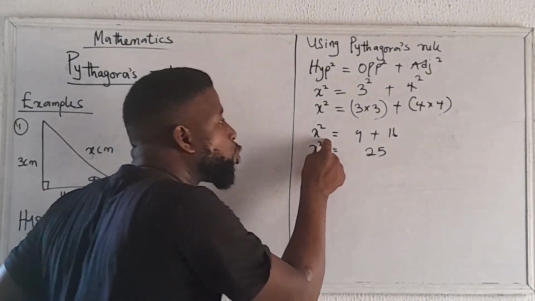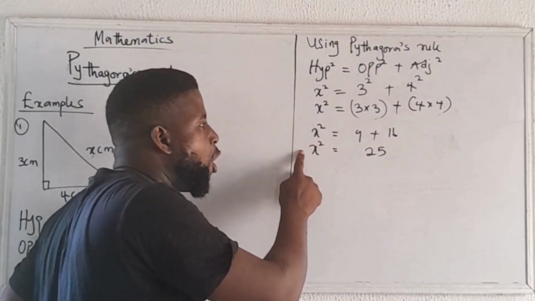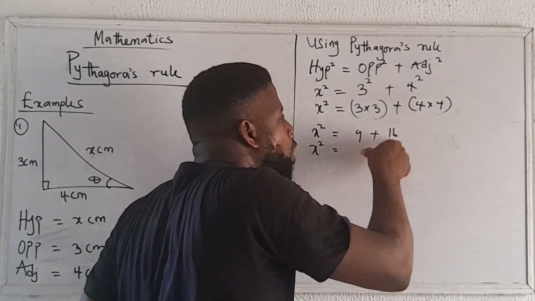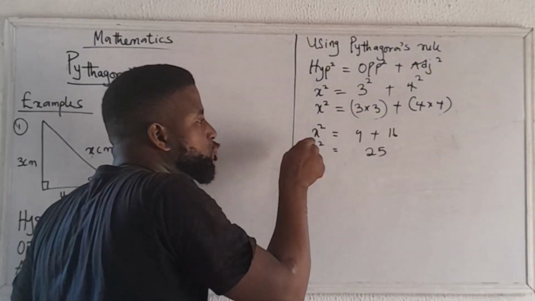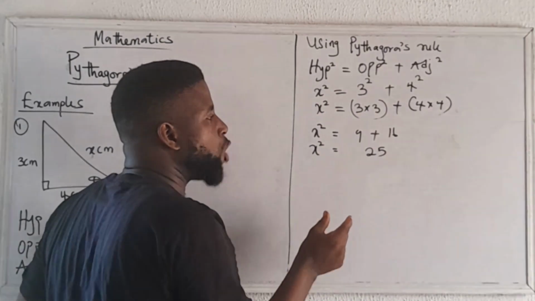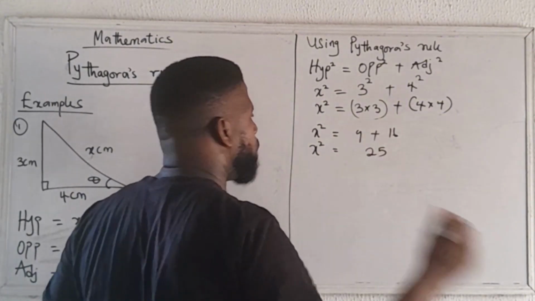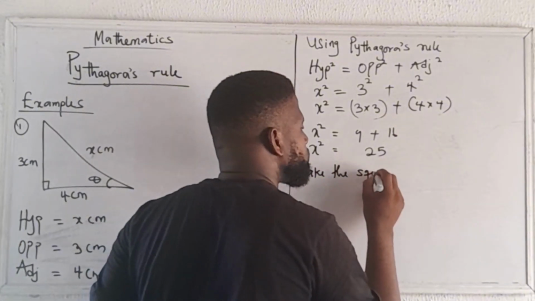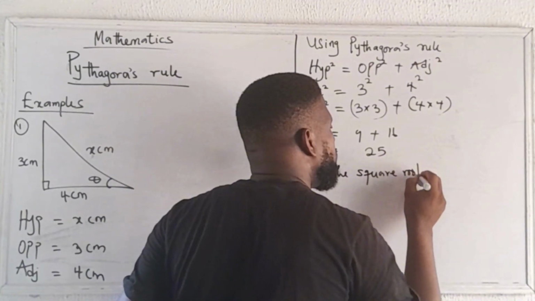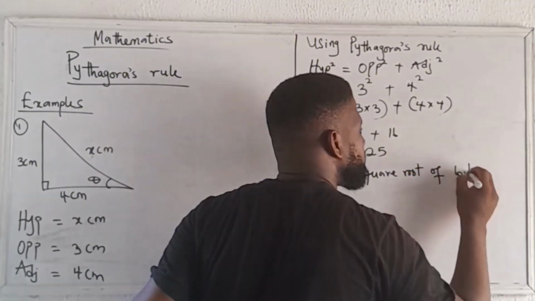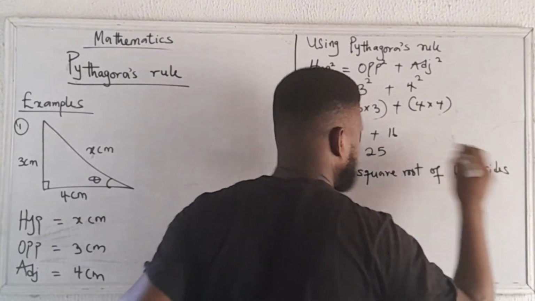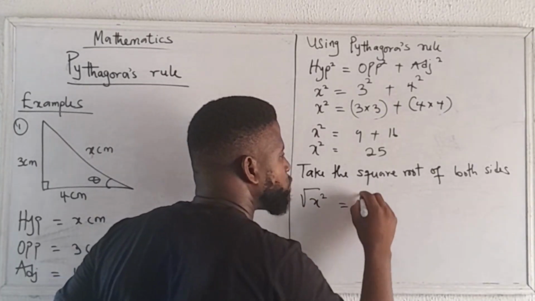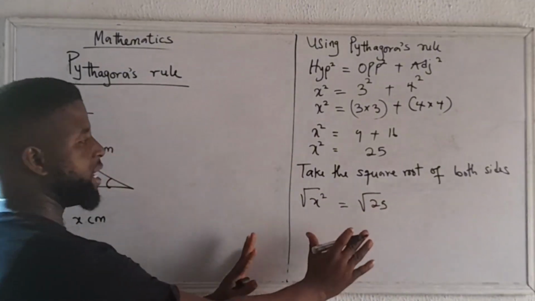Because I introduced the square root to the left hand side, I must also introduce it to the right hand side. So we take the square root of both sides. We have the square root of x raised to power 2 equal to the square root of 25, which makes my equation balance.